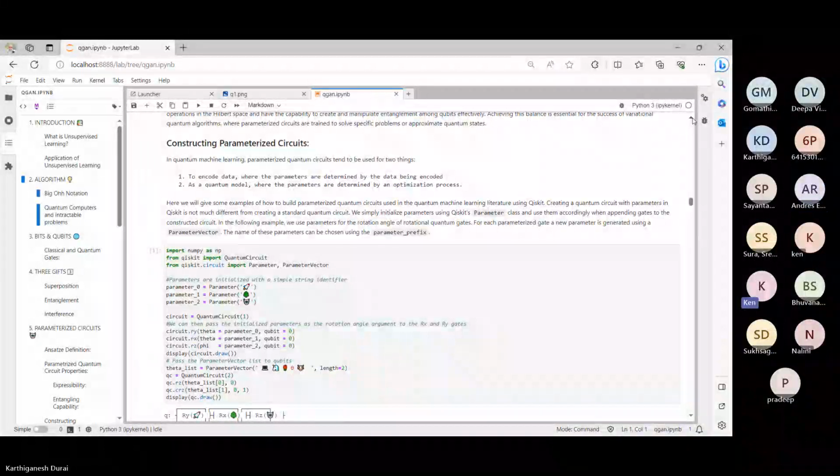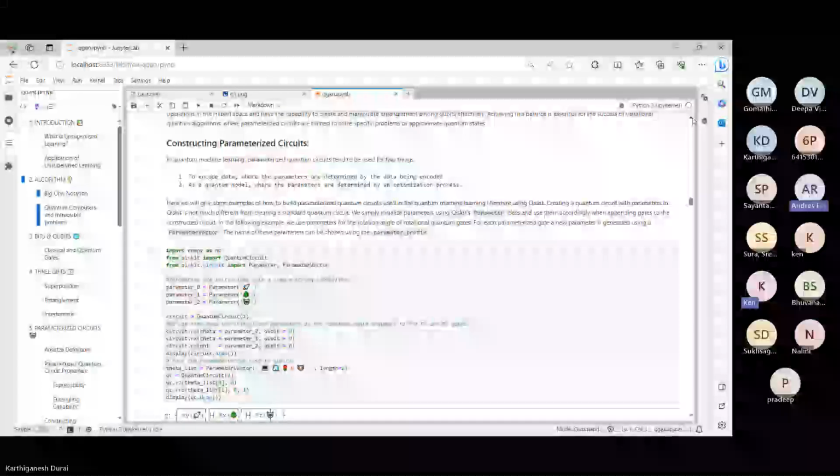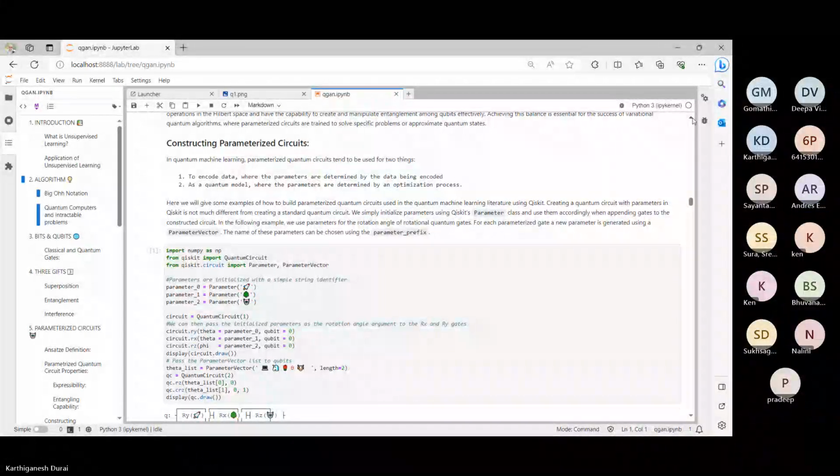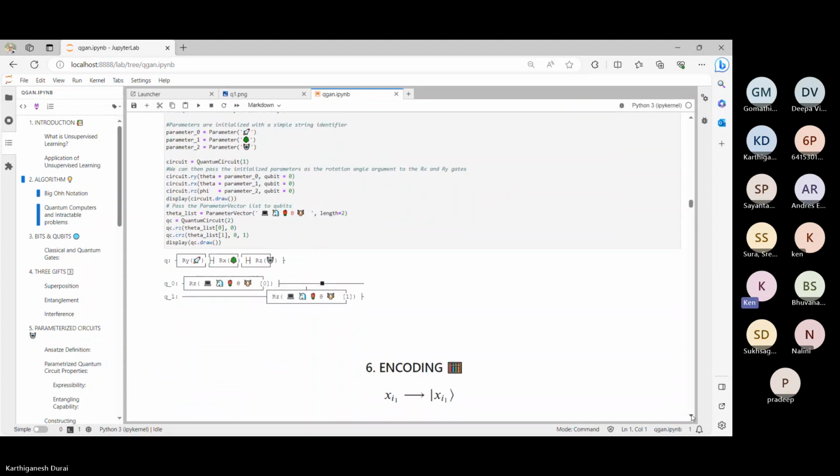Parameter vector allows us to set up a list of parameters. And again, it's pretty straightforward stuff. I just put in a bunch of demo images here to show the parameterization as the placeholder. And if you could scroll down just to show the circuit that's created there, KG. Yeah, that's good, perfect. And this would be the results.